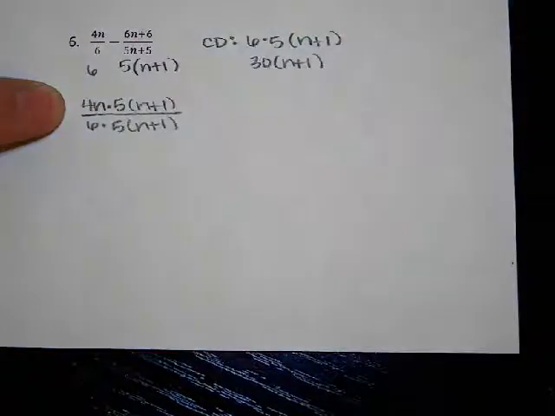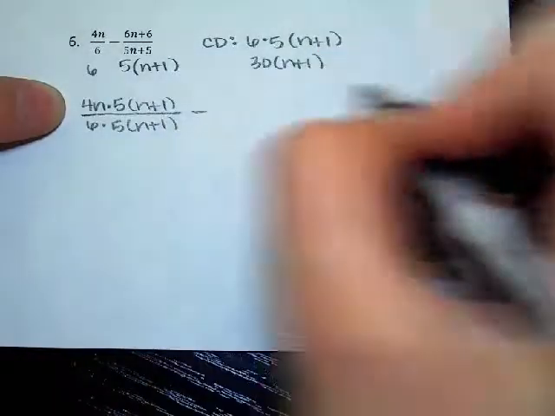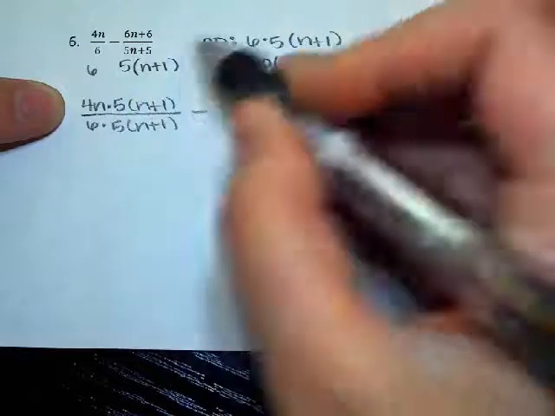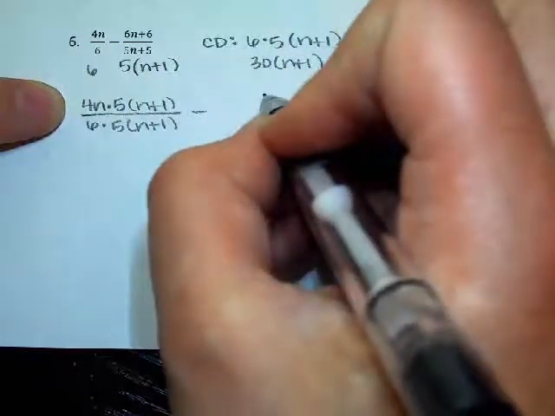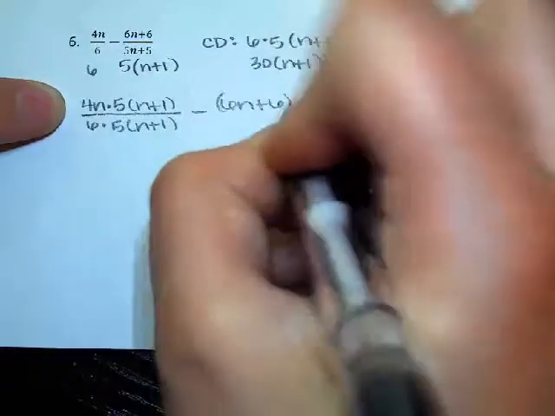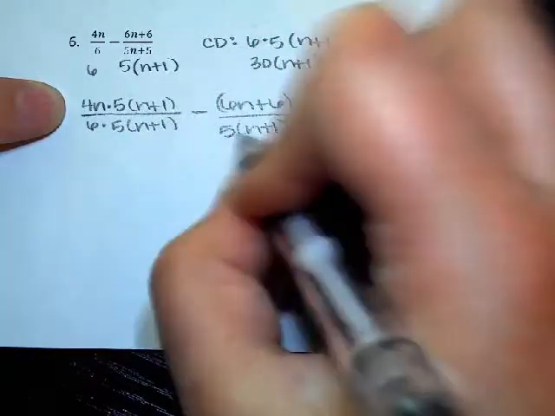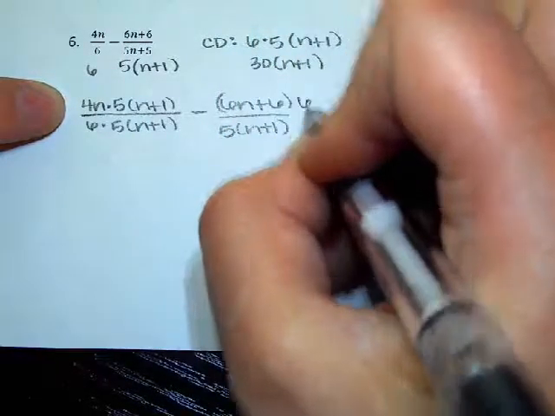Are we good so far? We don't need to. You can if you want, but you don't need to. And then the second one has a 5 and an n plus 1, so what does it need? It needs a 6. So we got 6n plus 6. And it has the 5 and the n plus 1, it needs a 6. Okay.